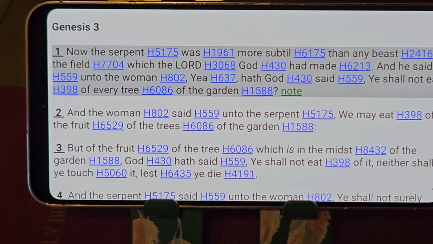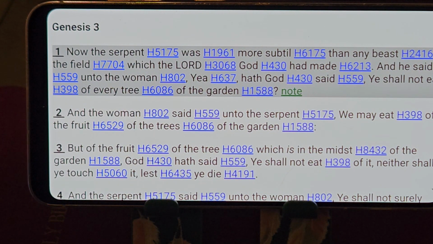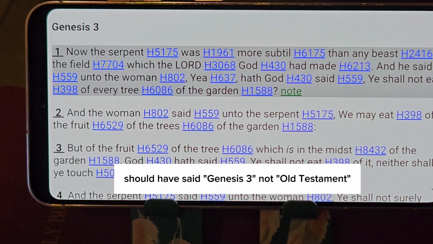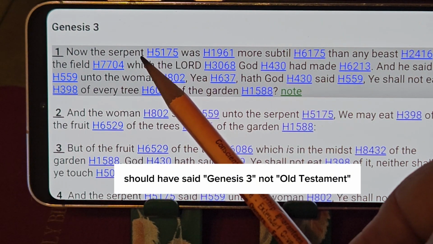In order to dispel a common myth, it is said that Satan tempted Eve and Adam in the garden. The word Satan does not appear there in the Old Testament. What we do see is the word serpent.